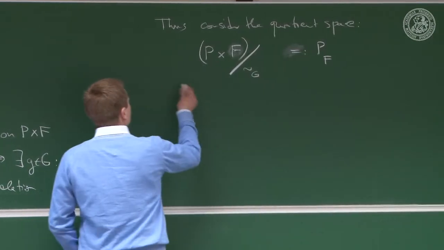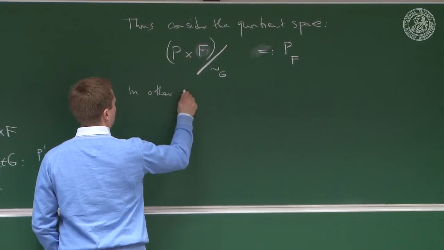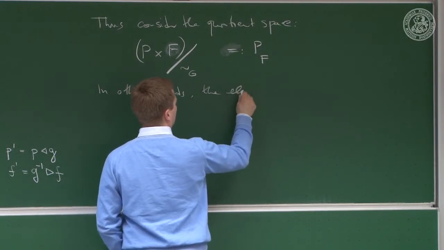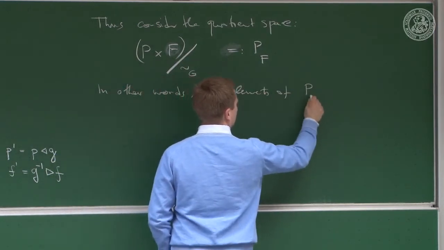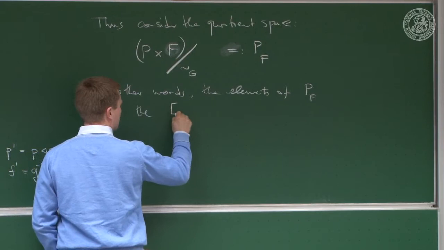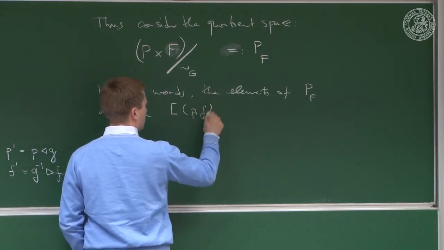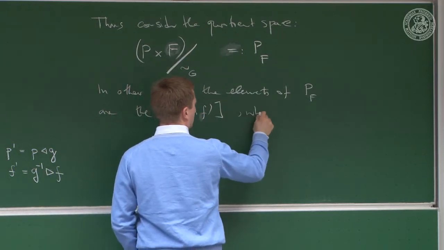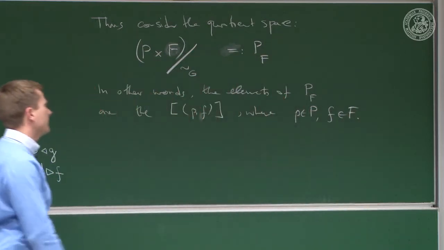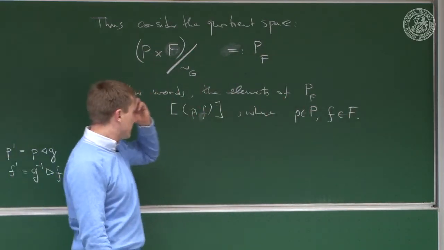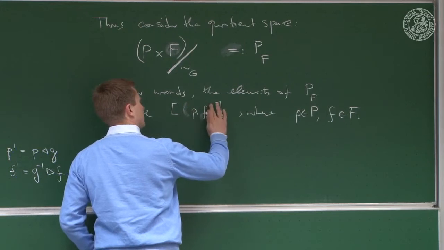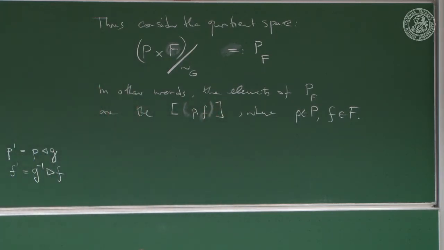In other words, the elements of this PF are the equivalence classes [P, F], where P is any element in P and F is any element in F. So we will always think of this space as these equivalence classes. Sometimes I'll even leave out these brackets because that lightens the notation.